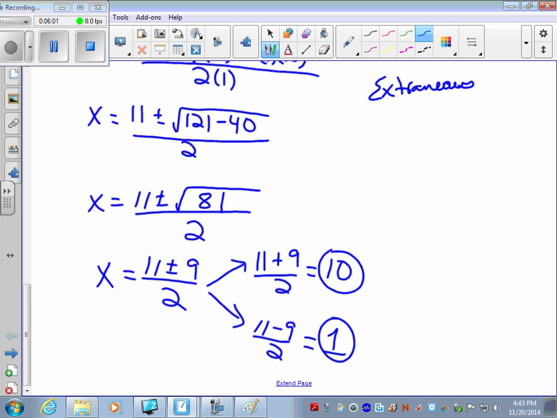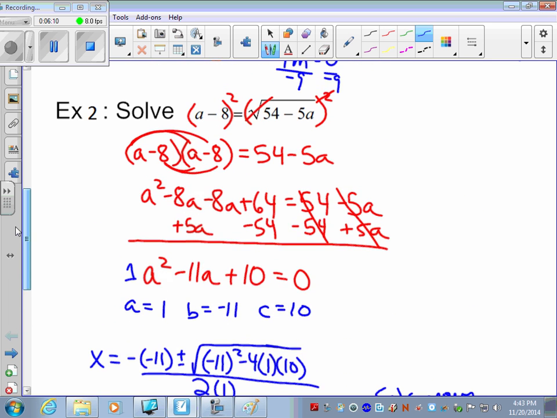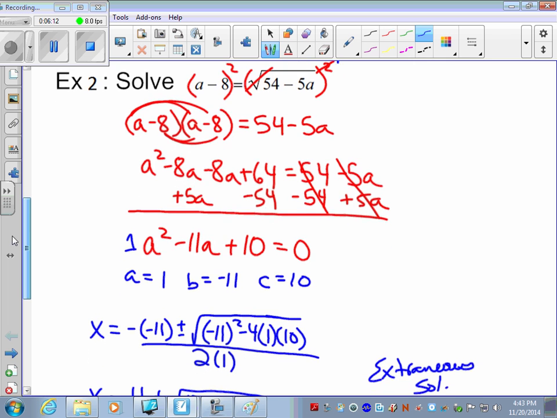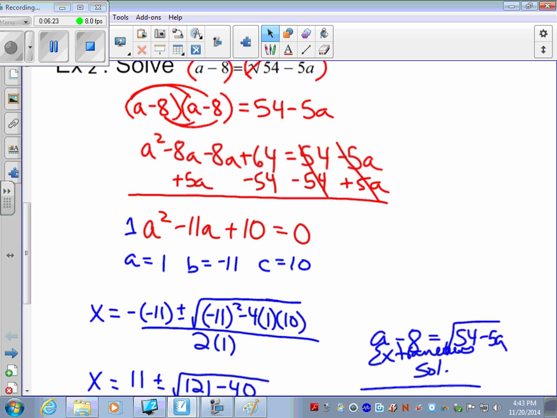So check 10 first. The original problem is a minus 8 equals the square root of 54 minus 5a. I wrote it down so I can keep track of it.